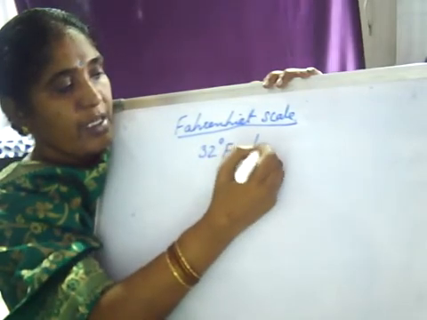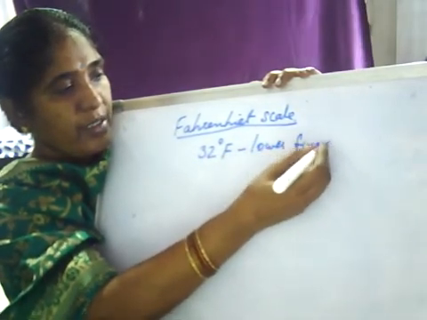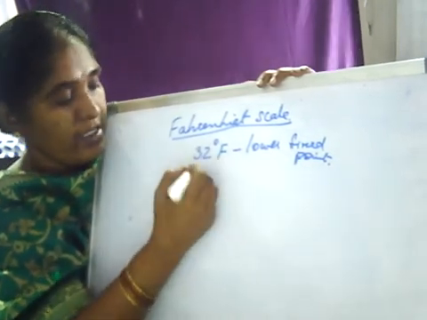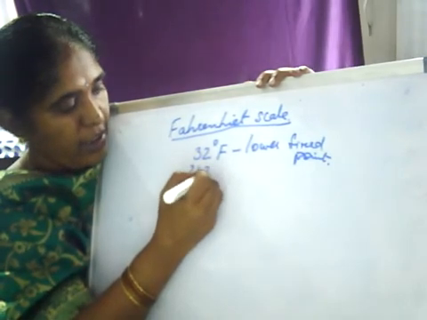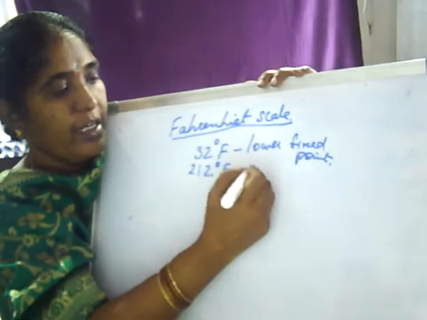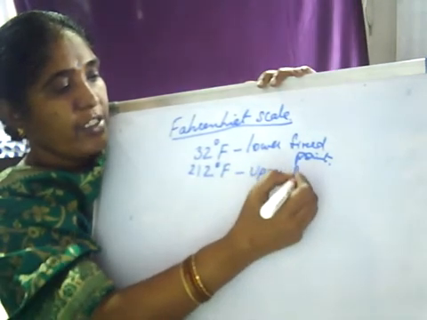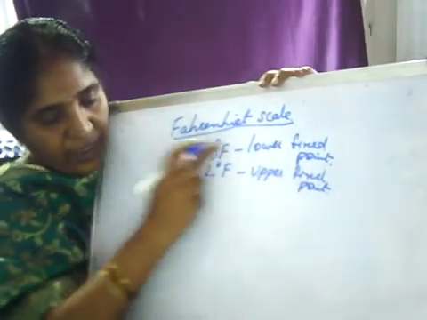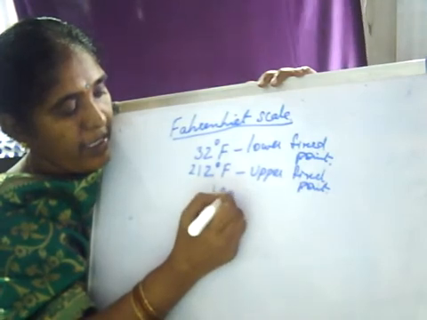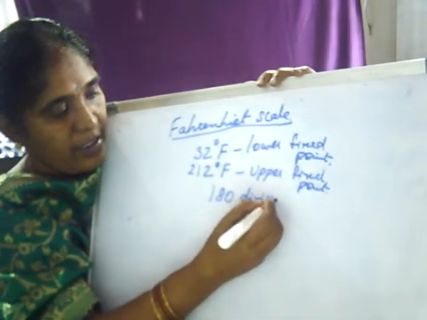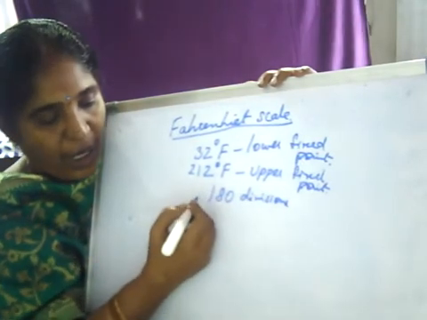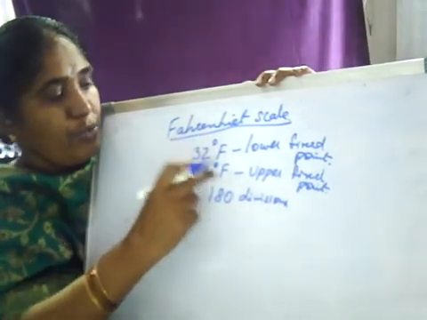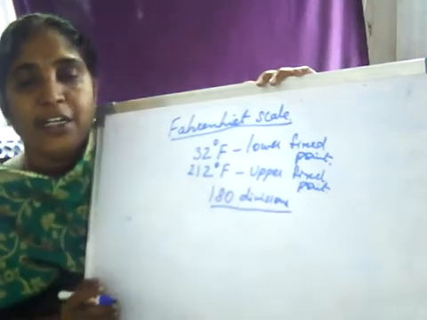This becomes the lower fixed point, and the boiling point of water is 212 degrees Fahrenheit. This becomes the upper fixed point. In between these two points, you have 180 divisions, which we call units.